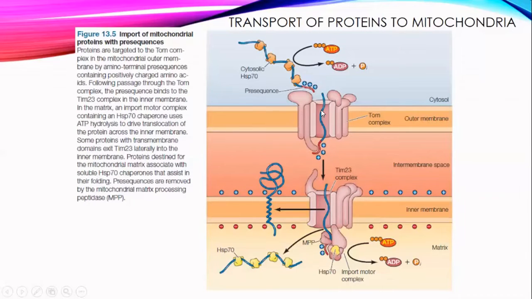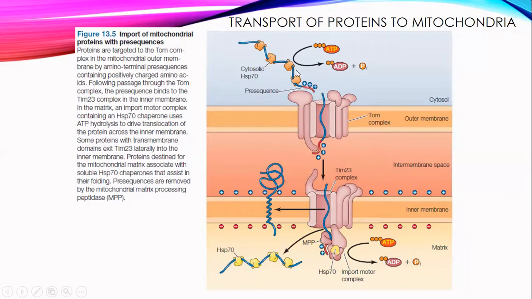Okay, so we have here the pores. We have the TOM in the outer membrane. We have the TOM complex. And in the inner membrane, there's another pore called the TIM23 complex. Now, sa cytosolic, sa outer membrane, the protein requires ATP.